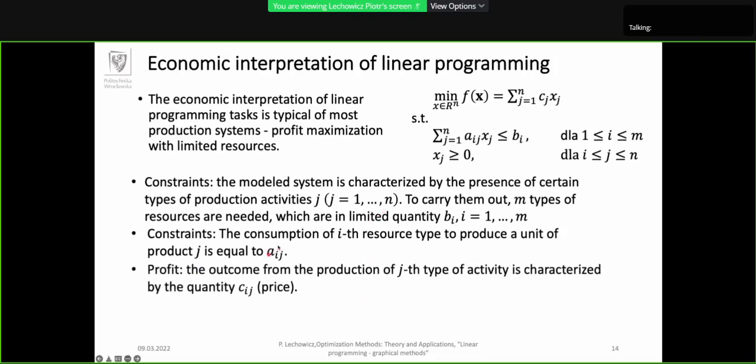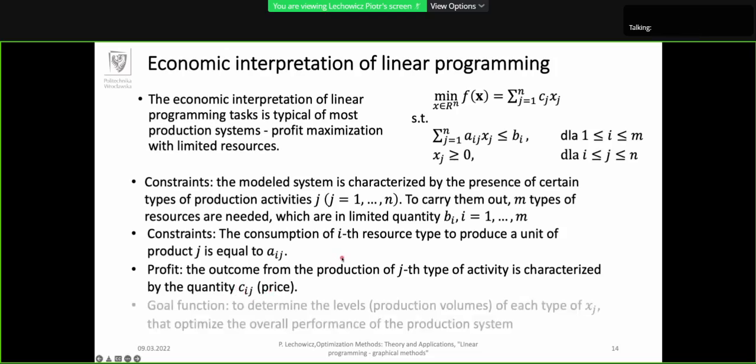This is the value of the resources consumed, and the profit is the outcome from the production of each activity multiplied by the C, which is often a price for a certain activity.